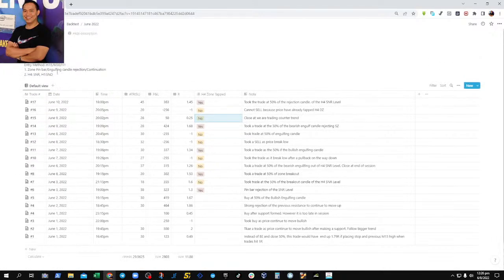Entry method is this one. I'll say like 1% here. Okay, so altogether only like 17 trades, and it's very possible to pass FTMO in this case, right? Using this method.